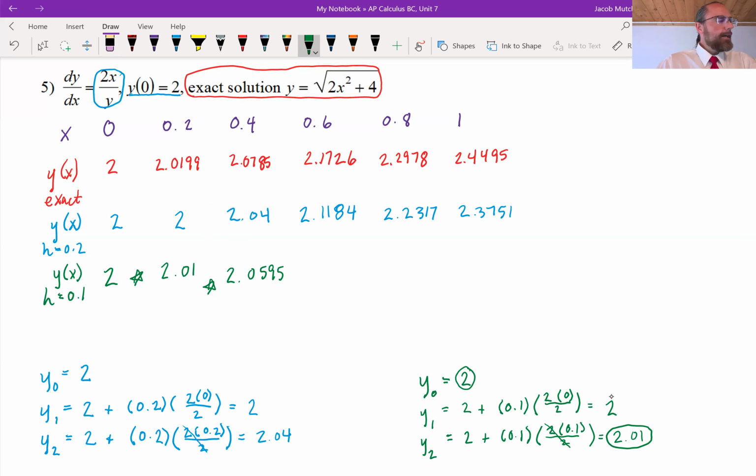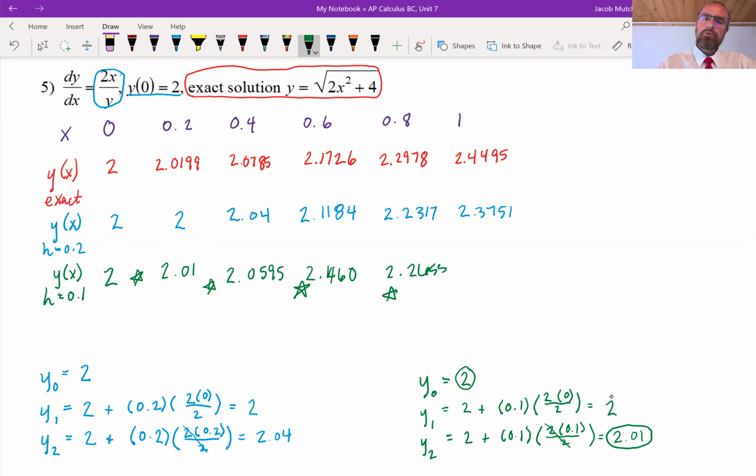So my next value that we had calculated with the 0.1 step value was 2.1460. And again, I'm seeing the same pattern there. This is closer to the exact value than the blue number, which we calculated using step value 0.2. Next one's 2.2655, same thing.